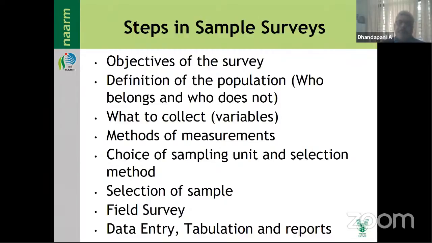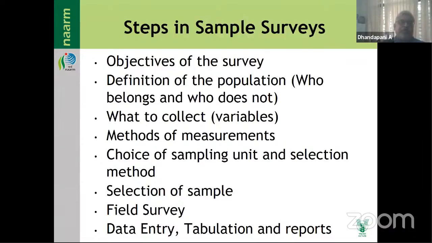The objective could be, I want to estimate the farm income of small and marginal farmers, or I would like to study the adoption of high-yielding varieties in such and such area, or how many farmers are growing a particular crop.